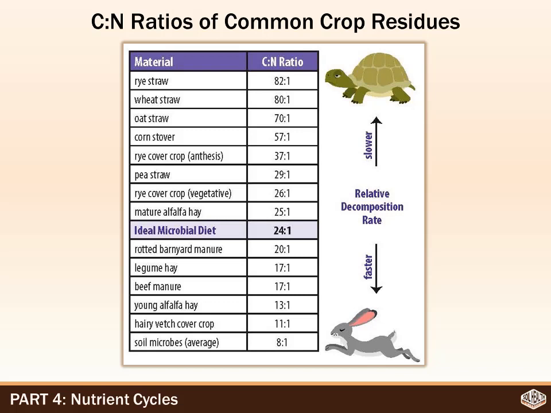The fresher residues, like cover crops and manure, usually have a much higher level of nitrogen within them, and thus have a lower carbon to nitrogen ratio. Through the digestive activities of the microbiome, these materials eventually are brought down to create a soil C:N ratio, usually in the neighborhood of about 12 to 13.